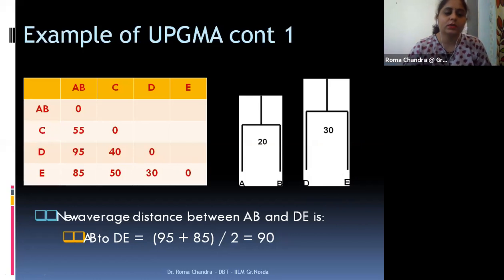Now we need to consider the new average distance, because D and E are the new branch with a common ancestor.